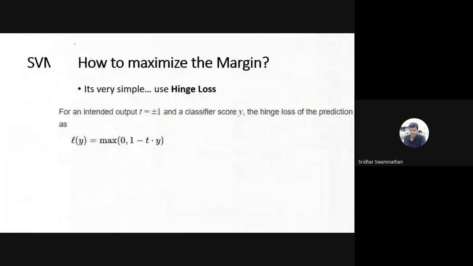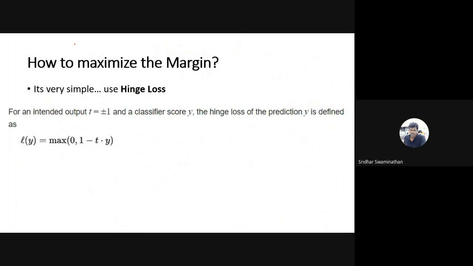So for that, we have a solution in the SVM called Hinge Loss. If you want to train the SVM model, we can use this Hinge Loss, again with gradient descent. The loss will look like this: loss will be maximum of 0, 1 minus t into y.